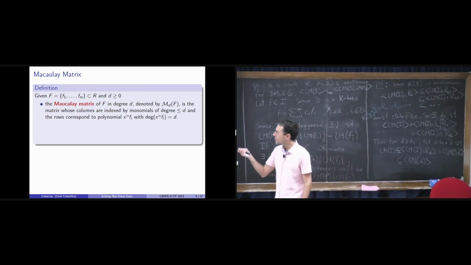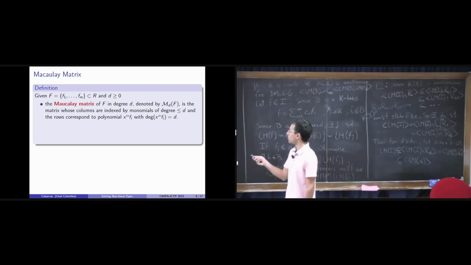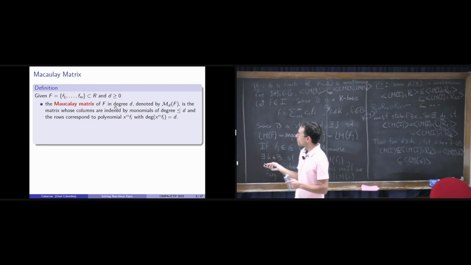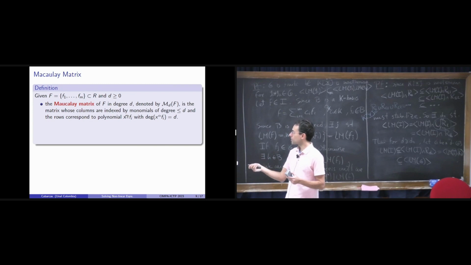Given a set of polynomials F in a polynomial ring, we will call a Macaulay matrix of F in degree D, denoted M sub dF, the matrix whose columns are indexed by monomials of degree less or equal to D, and whose rows correspond to polynomials of the form a monomial multiplied by a polynomial in F, so that the degree of that product is exactly D.